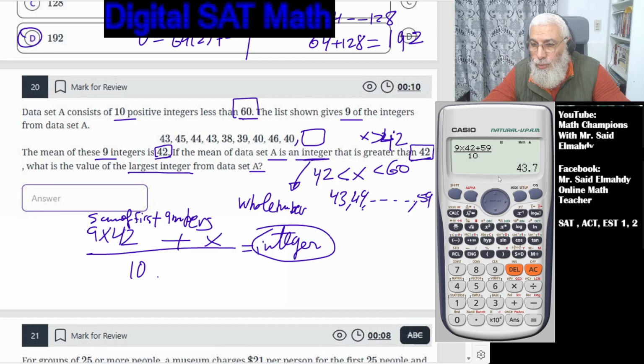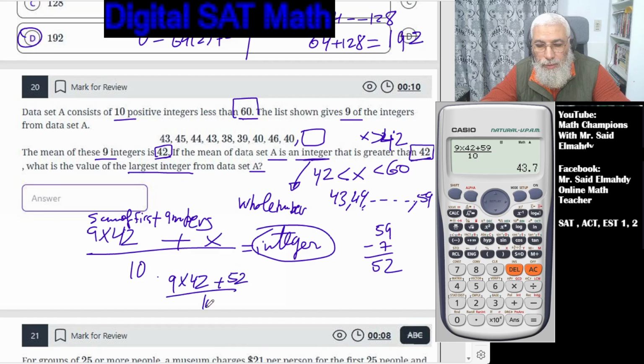So we need to go lower by 7. Like 59 minus 7 is 52. So let's use 52: 9 multiplied by 42 plus 52, divided by 10, gives 43, which is an integer. So the value of the largest integer is 52.